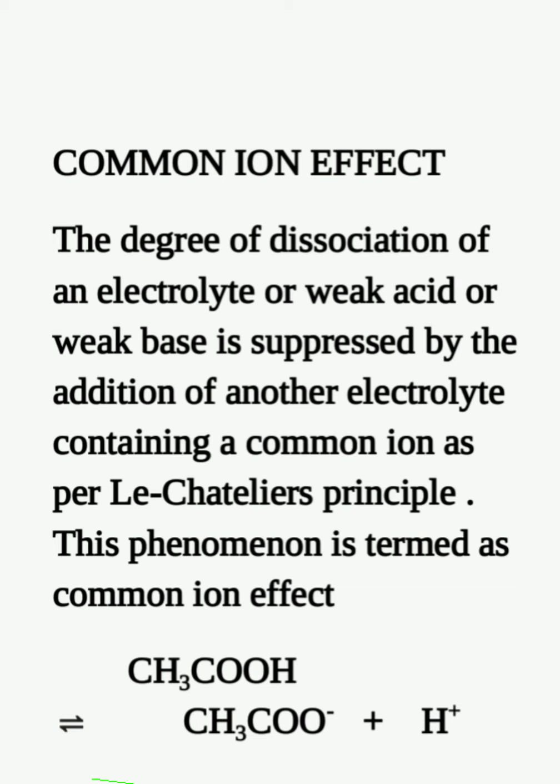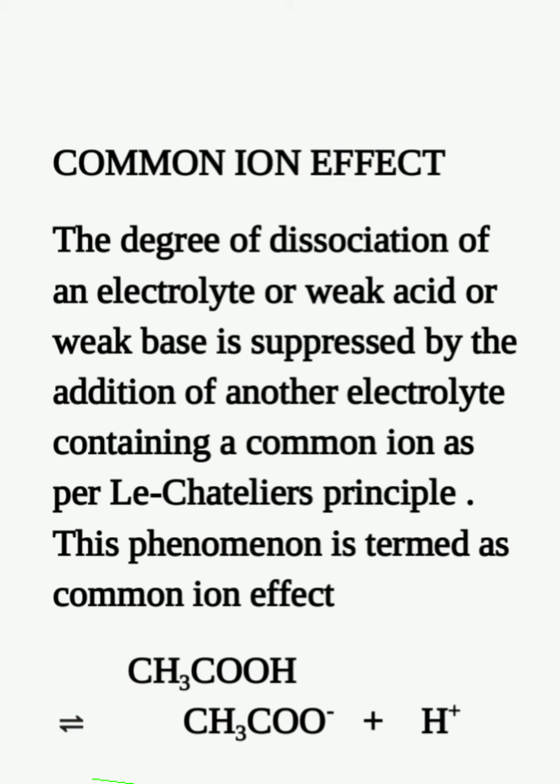Backward in the sense that complete dissociation will not take place. The dissociation will be suppressed or reduced by the addition of another electrolyte which has acetate anion, or else you can add any other reagent which has H plus ion also. The same thing will happen then also. This effect is known as the common ion effect.